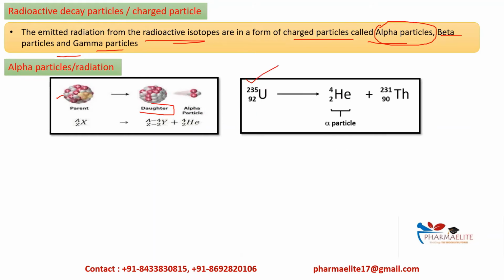Now this is an example over here: uranium-235, where 235 is its atomic mass and 92 is its atomic number. This is unstable and it will undergo alpha decay to release an alpha particle and produce a new nucleus, which is thorium with atomic mass 231, atomic number 90.